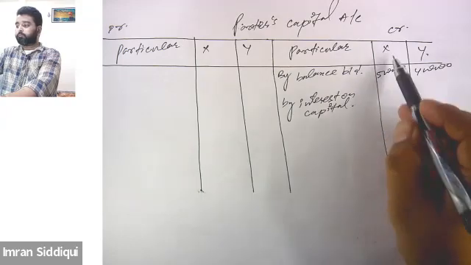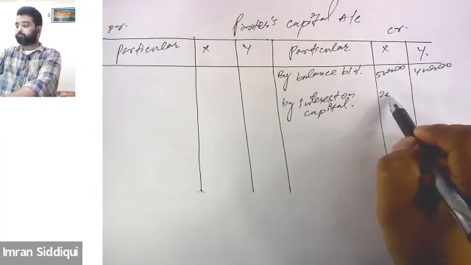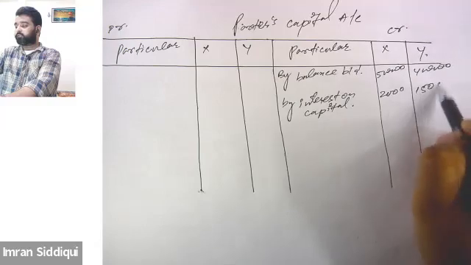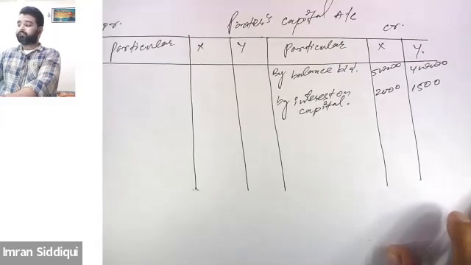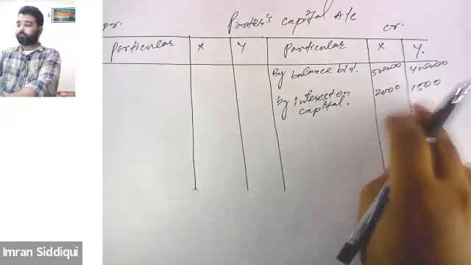Let's suppose Mr. X has been provided with a capital interest of rupees 2000 and Y is given interest of rupees 1500. So any interest given to partners on their capital contribution will be recorded on the credit side.